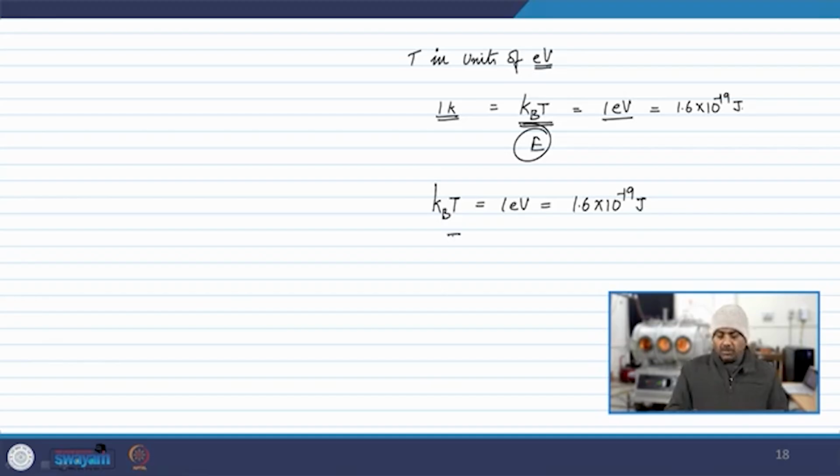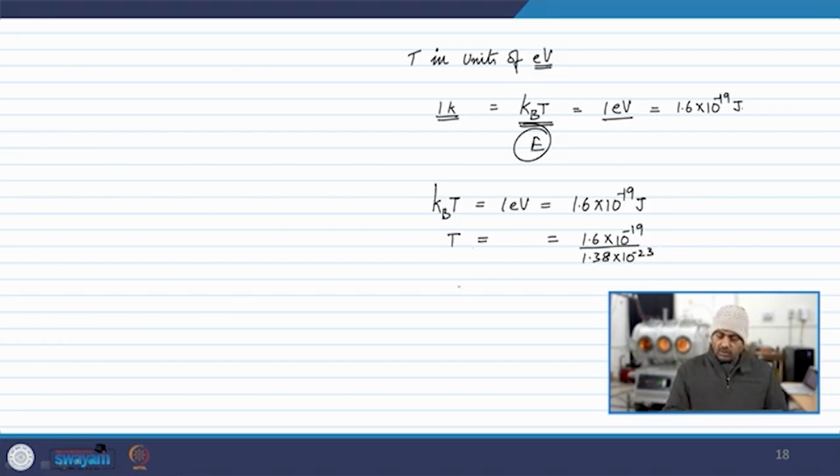Now, the temperature that is responsible for this energy can be calculated by dividing 1.6 times 10 to the power of minus 19 by 1.38 times 10 to the power of minus 23. I have substituted the value of the Boltzmann's constant, right?